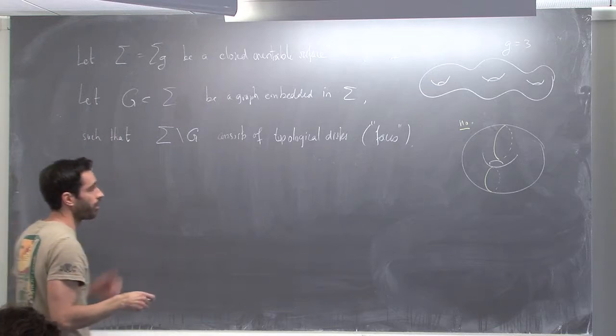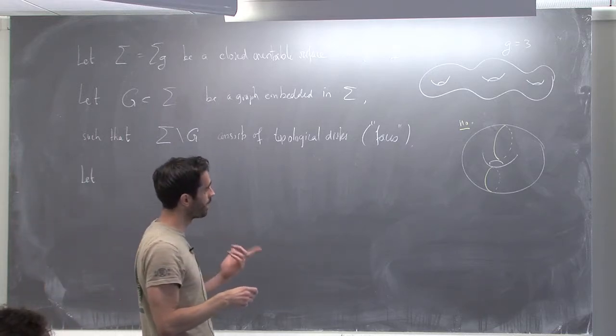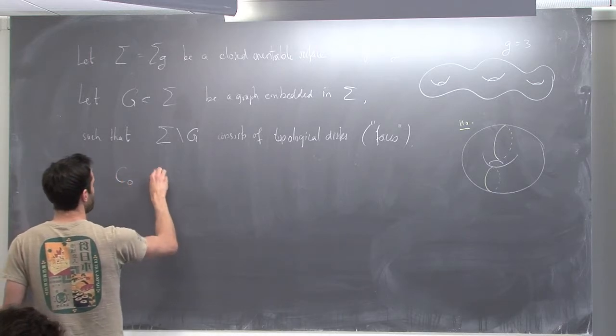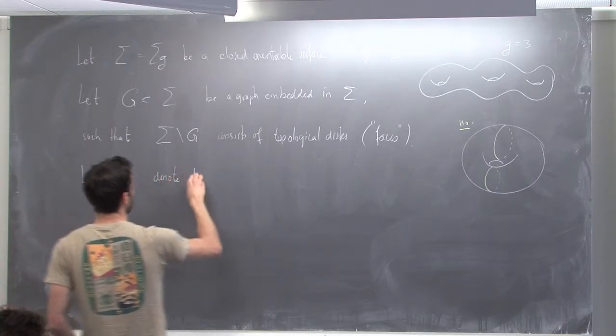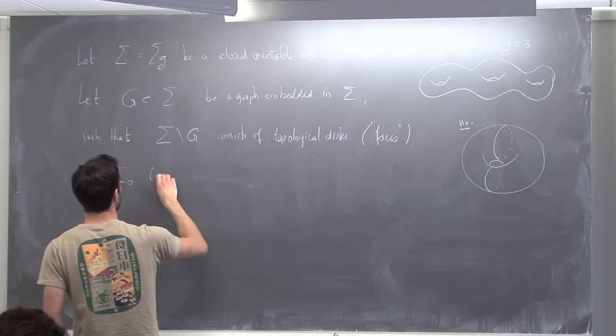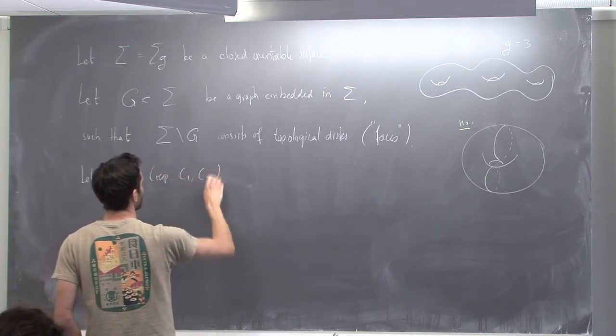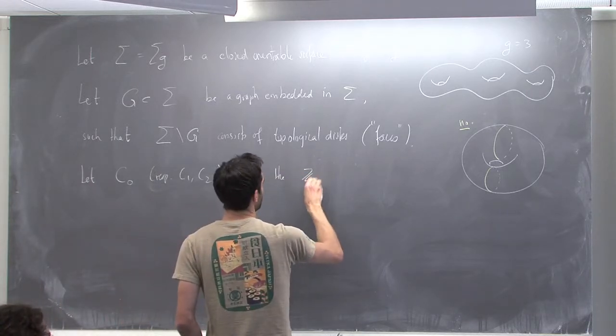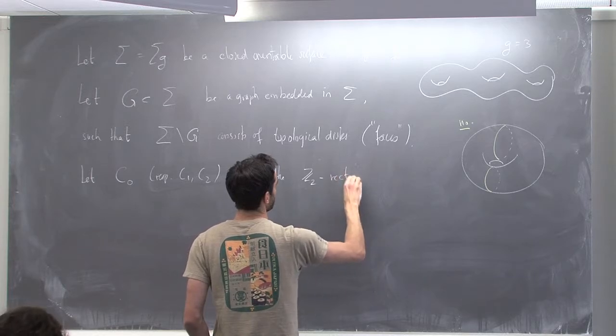So now we know what are the vertices, we know what are the edges, we know what are the faces. So let C0, respectively C1, C2, denote the Z2 vector space.